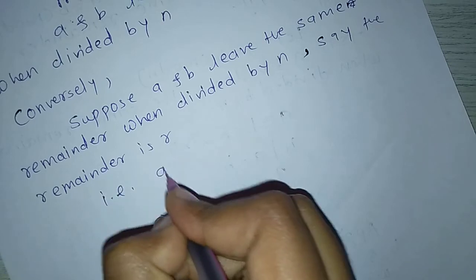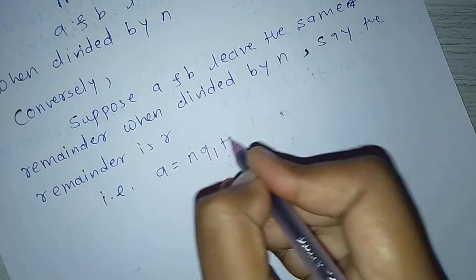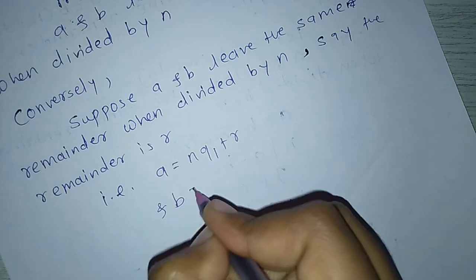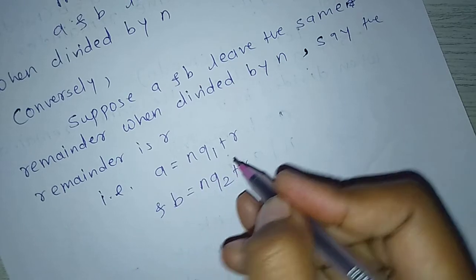That is, a equals nq1 plus r and b equals nq2 plus r.